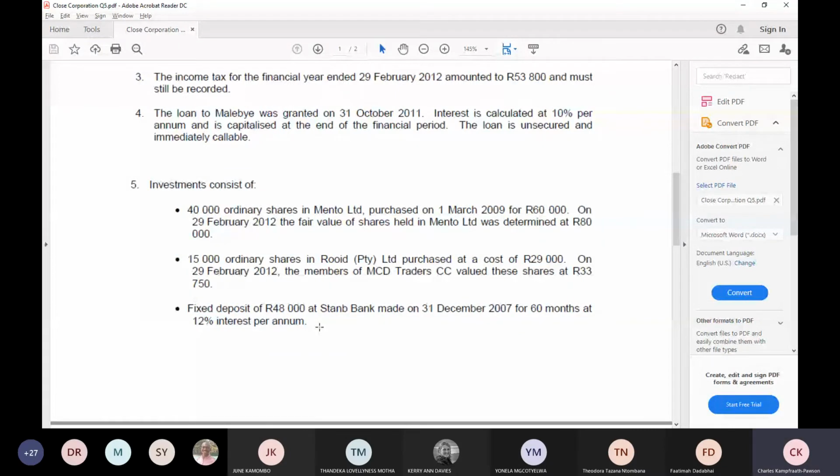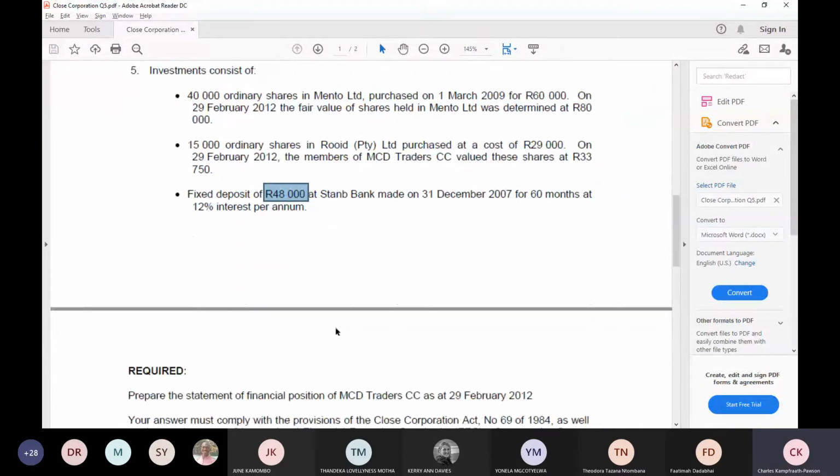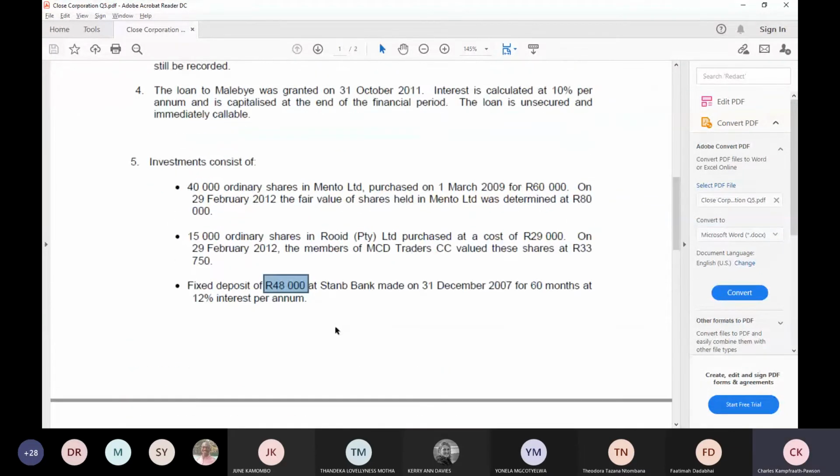So from this information, I would say that the 40,000 shares in the first bullet point that we purchased from the public company must be included under current assets, as well as the 48,000. But let's just see if there's no further information. Okay, there's no further information.